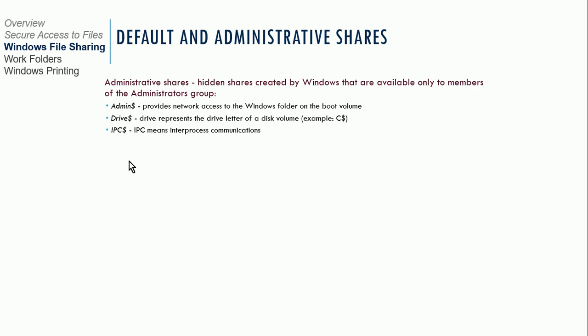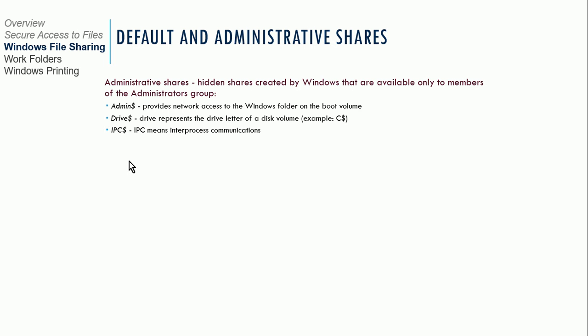The drive $ administrative share basically is if you're an administrator, you can go to \\server name\C$, for example, and you'll see everything in the C drive. You can put D$ and see everything in the D drive. So it allows you to bypass whether files are shared or not; you'll be able to access them with the drive letter $ at the end of the UNC path.